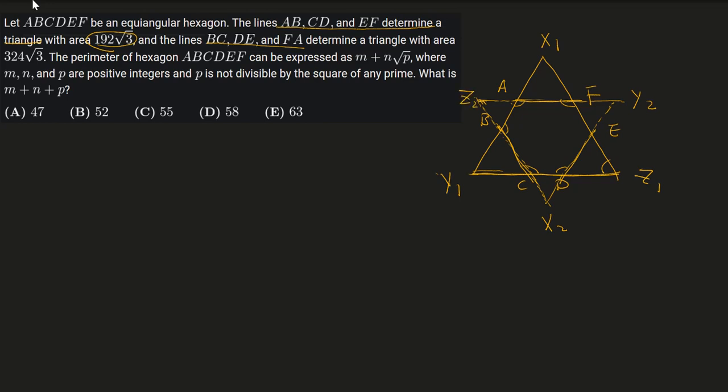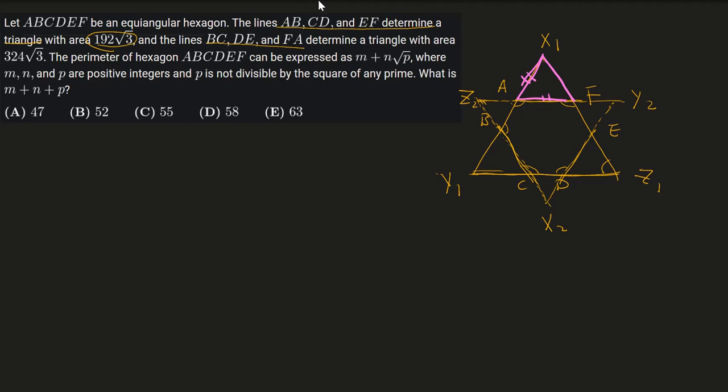And the question is that given the area of these two equilateral triangles, can we derive the perimeter of this equiangular hexagon? The answer is yes. As long as we can derive the side lengths of each of these equilateral triangles, then we are pretty much done. Because this is also an equilateral triangle, this side equals this side.